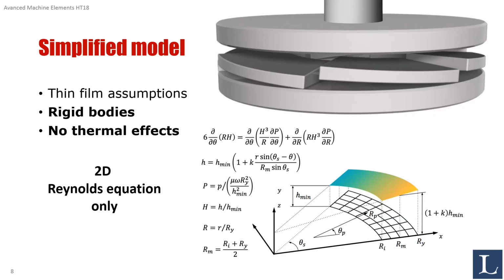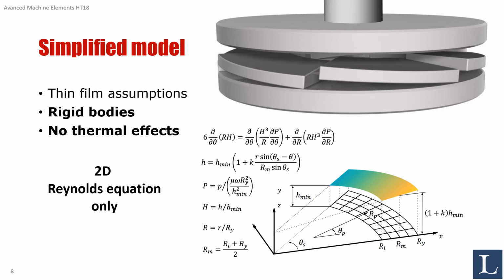This simplified model, namely the two-dimensional Reynolds equation in polar coordinates, looks like this. And actually this is posed in dimensionless form. And there you have the film thickness equation, which declares how it changes from the leading edge to the trailing edge.